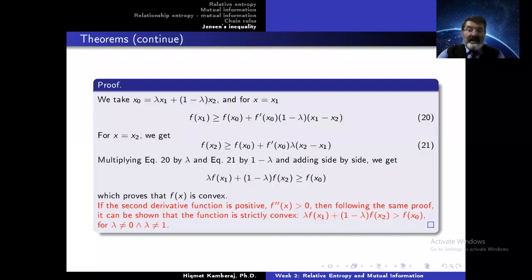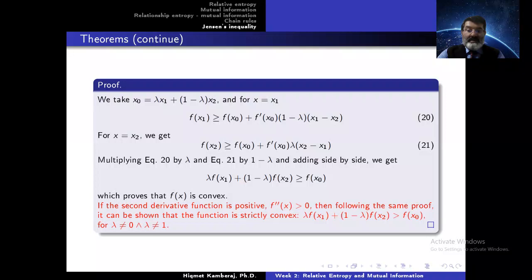Now for the same x0, but for x equal to x2, we get f of x2 greater or equal to f of x0 plus f prime, the first derivative at x0, times lambda times x2 minus x1.